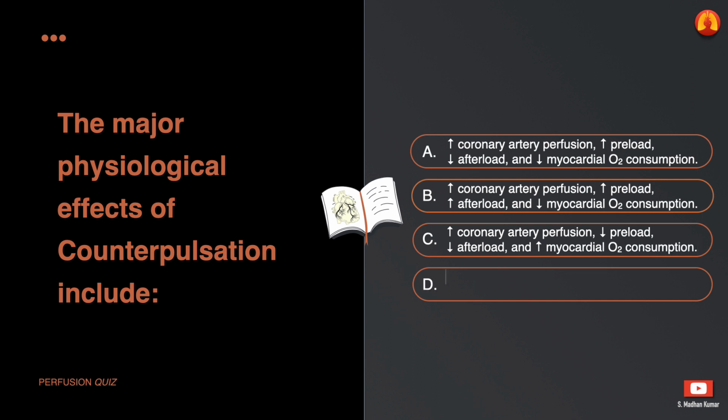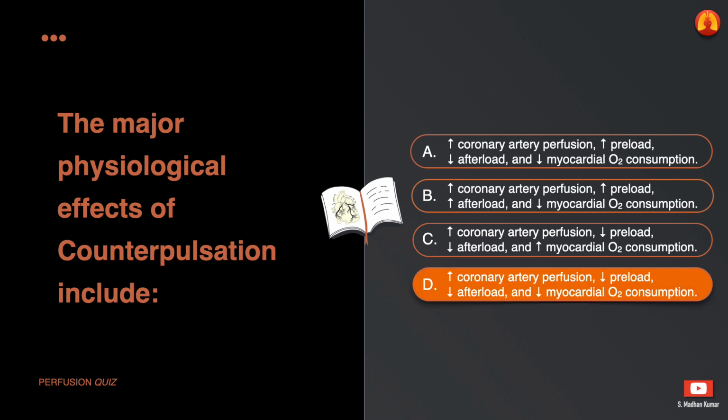D. Increased coronary artery perfusion, decreased preload, decreased afterload, and decreased myocardial O2 consumption. The correct answer is D: increased coronary artery perfusion, decreased preload, decreased afterload, and decreased myocardial O2 consumption.